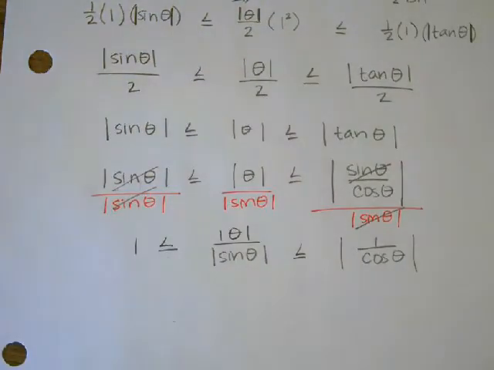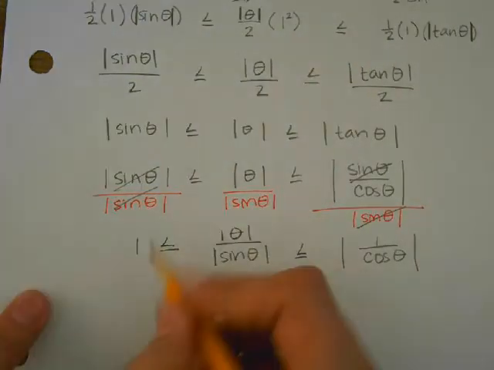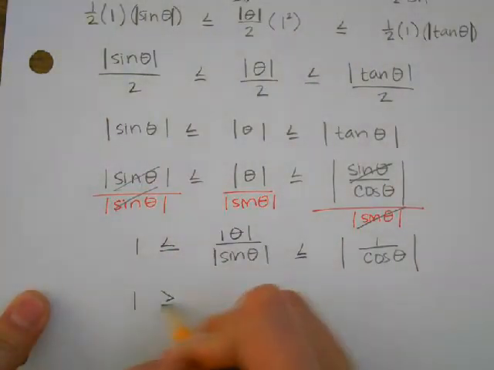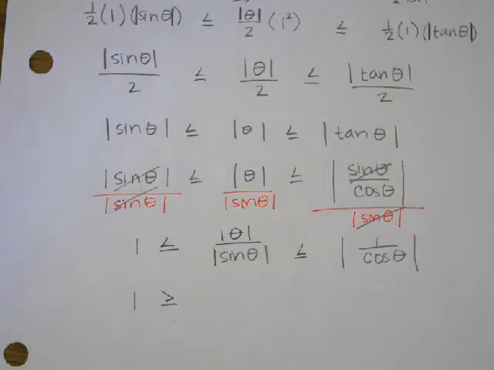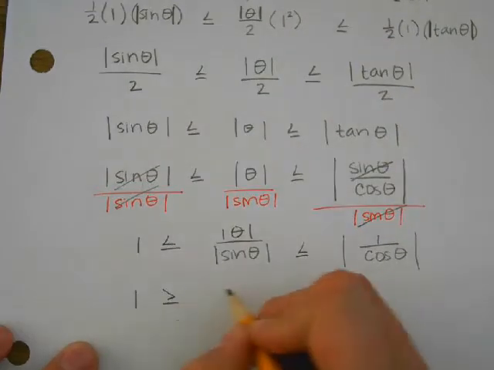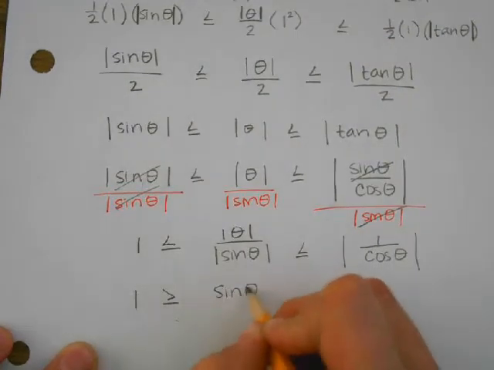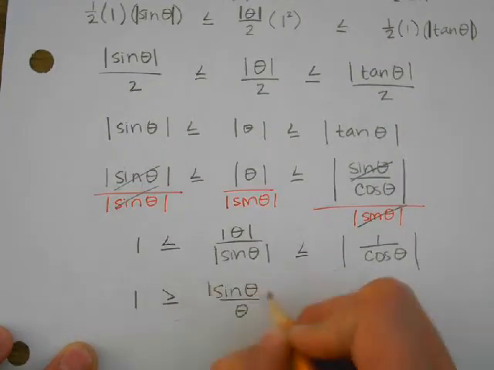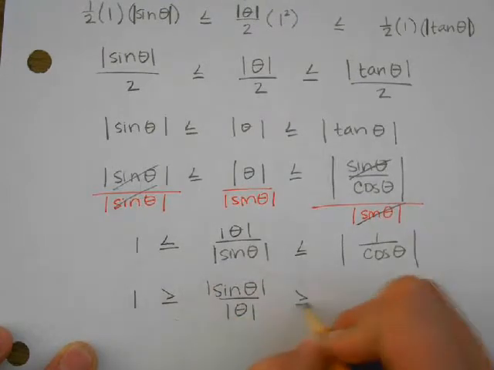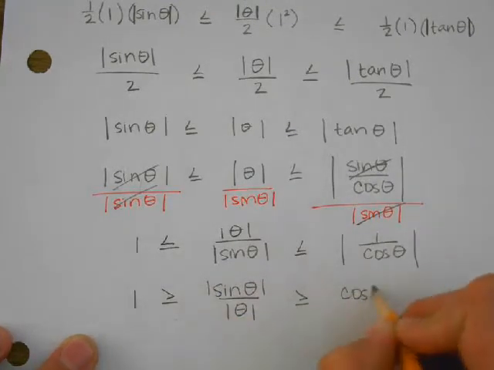That means we're going to flip all of the fractions, which in an inequality means you have to switch the way that your symbol is going, because if you think about it, you took a fraction that was smaller than 1 and you multiplied it by the opposite. So that means that our inequality symbols are going to go the opposite direction now. Do you guys see how close we are to what we wanted? We are so close.